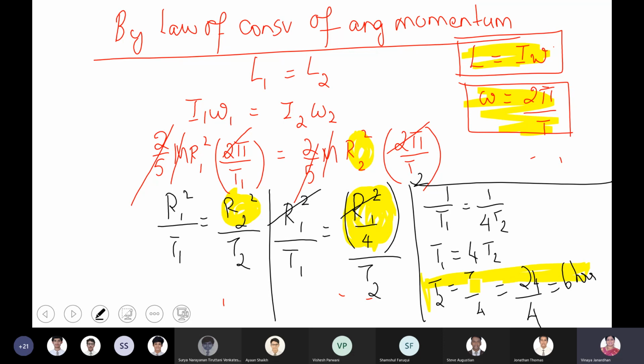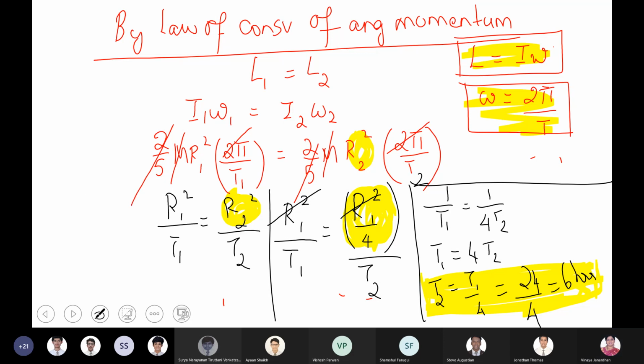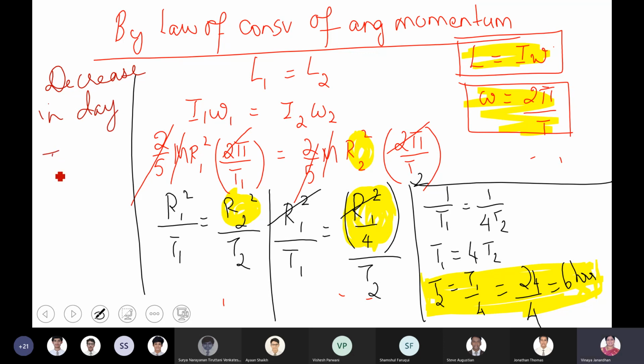So by what amount has the time been reduced? Decrease in day, so T1 minus T2. So 24 minus 6, that is 18 hours.